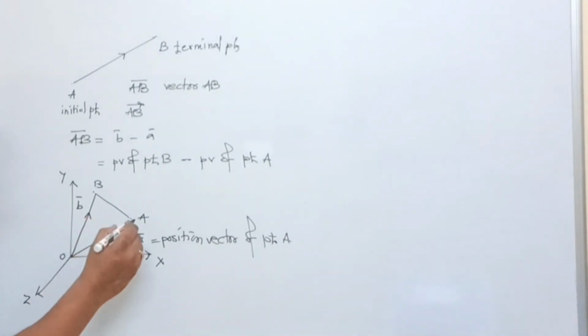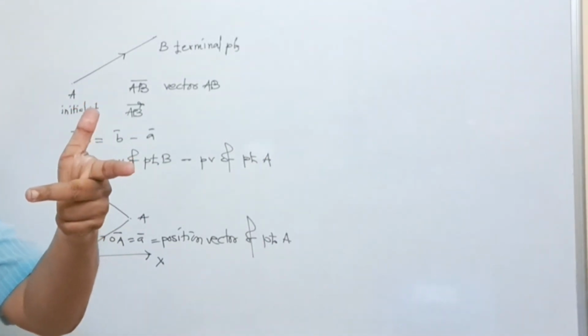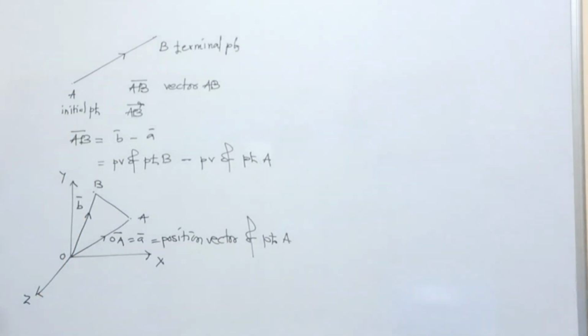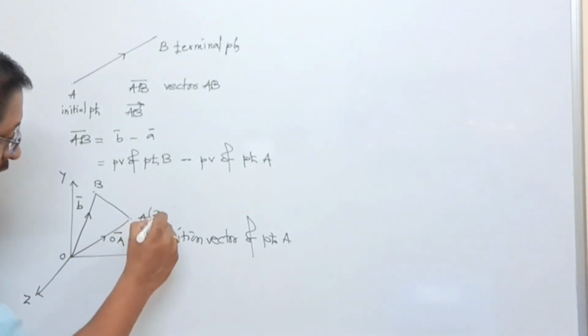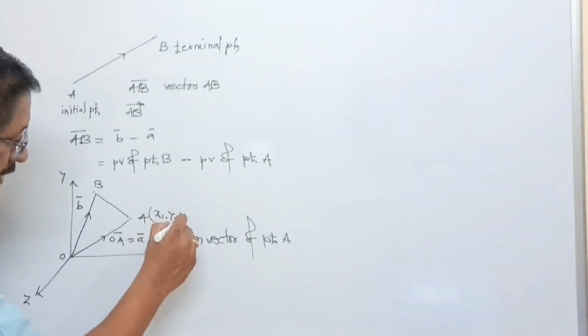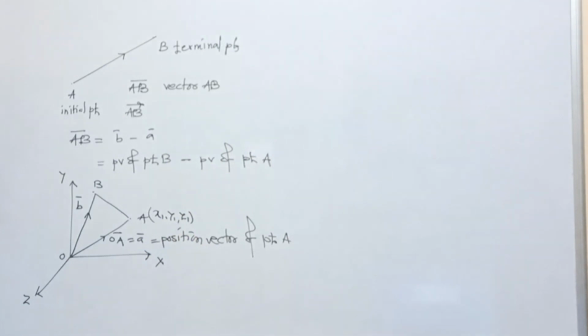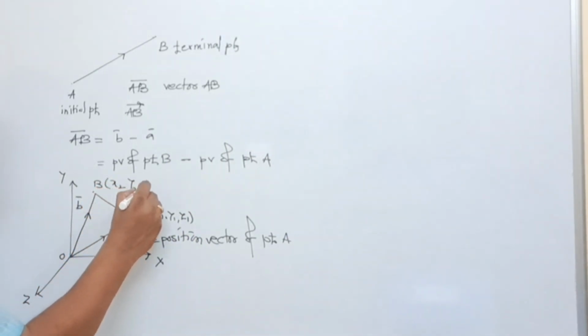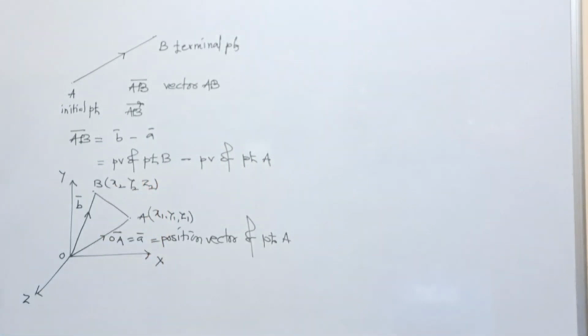Obviously, when I say that the point A and B, it is related with the three-dimensional space, related with x-axis, y-axis, z-axis. It means A has its coordinates, x coordinate, y coordinate and z coordinate, labeled as x1, y1, z1. Let us say that point B has its coordinates x2, y2, z2.